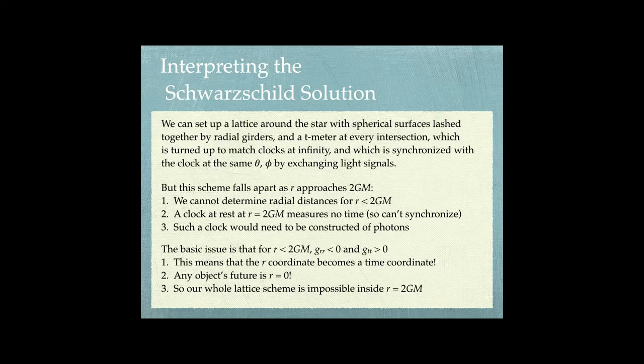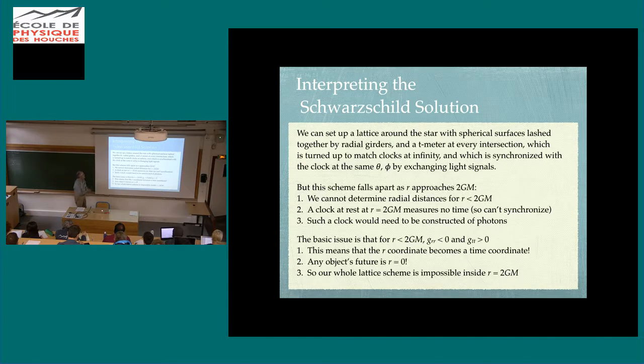So, all right, let's imagine setting up a lattice around the star with a bunch of spherical surfaces. I construct big spherical surfaces, and I can tell if I'm spherically centered on it because of the spherical symmetry of the star.